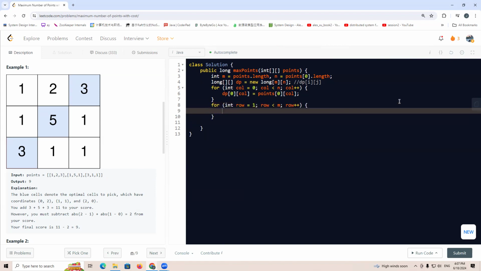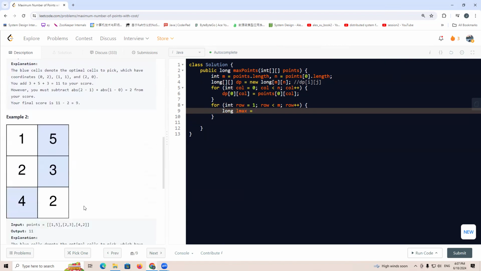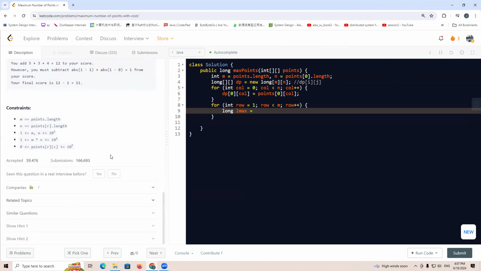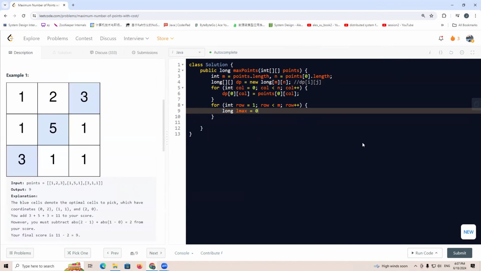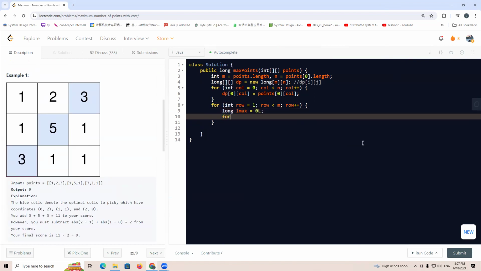So we are going to use a variable called left max, right? We know this kind of value because every cell will be greater than or equal to 0. So left max, we can set an initial value as 0L first, right? So what we do is for int column equals 0, column smaller than n, column plus plus.